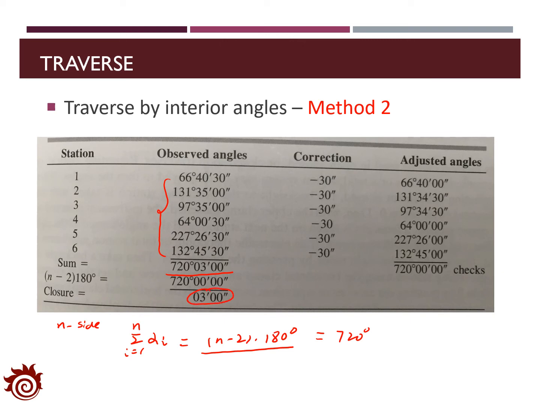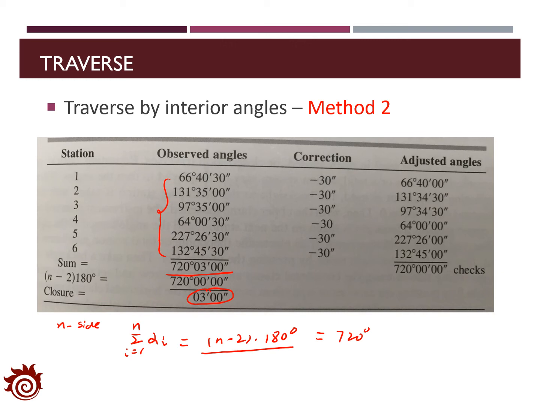And in this case, as each interior angle is measured independently, it's different from the azimuth, which is calculated based on the interior angles. So for the correction of the interior angle, we just need to apply the correction evenly for each angle.